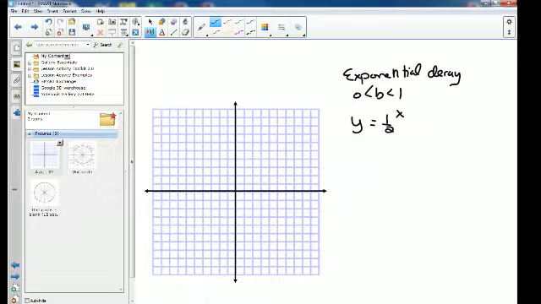So exponential decay is for bases between 0 and 1. That's what exponential decay looks like.